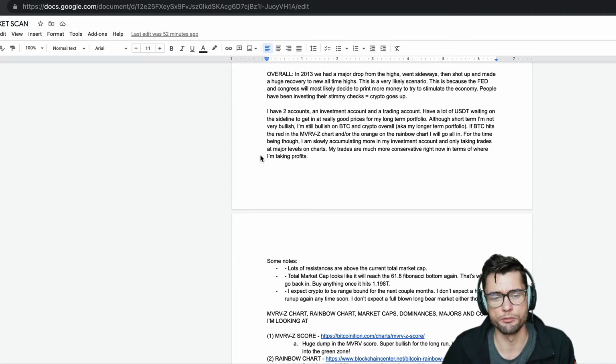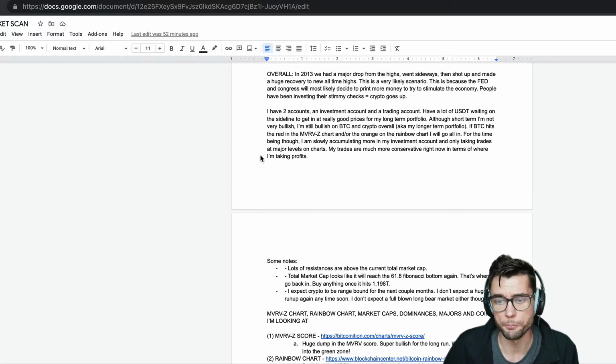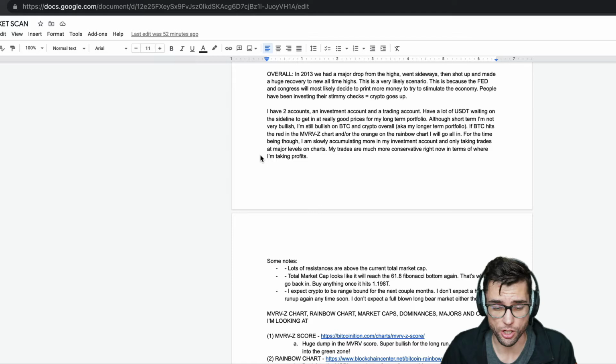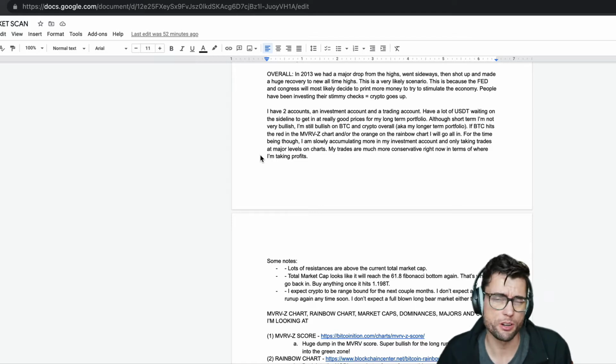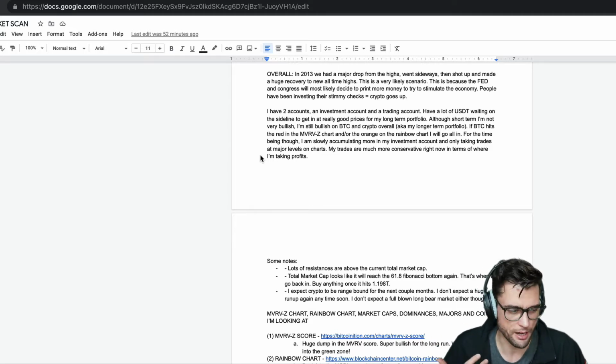If Bitcoin hits the red in the MVRV Z-score chart and/or the orange on the rainbow chart, then that's when I'm going to go all in. For the time being, though, I'm slowly accumulating more in my investment account, and I'm only taking trades at major levels on my charts. My trades are much more conservative right now in terms of where I'm taking profits, because I want to secure my profits right now.